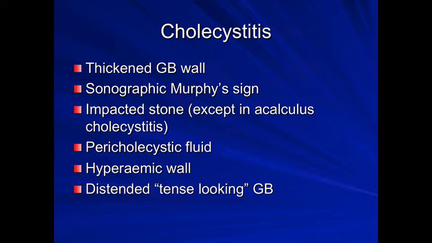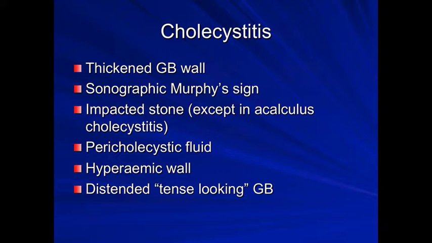There is generally a stone that is impacted, usually down in the neck. The exception to this is, of course, acalculous cholecystitis. There is pericholecystic fluid, and this is seen usually between the gallbladder and the liver, in the bed of the gallbladder.